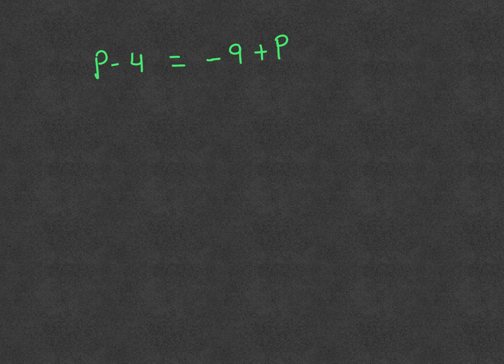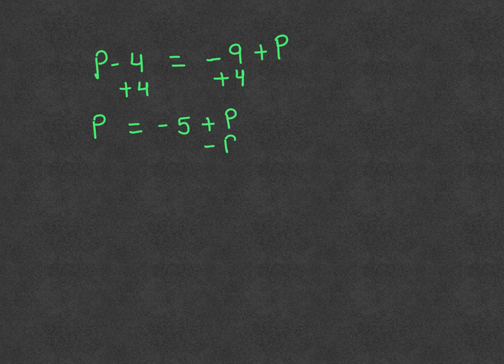This next question is p minus 4 equal to -9 plus p. Our aim is to have the constant on one side and the variable together on one side so that the variable is isolated. My first step to solve this is add 4 on both sides, which will leave us with p equal to -9 plus 4 equal to -5 plus p.